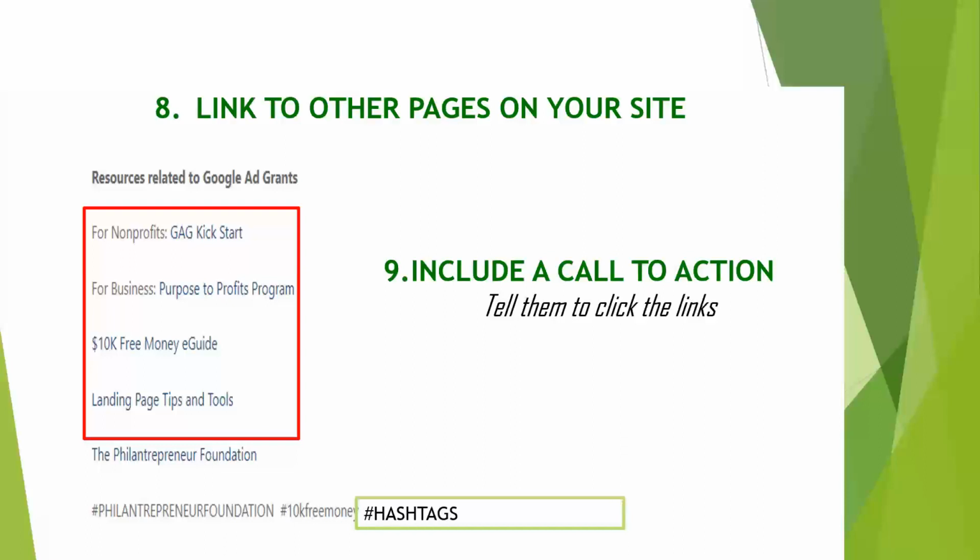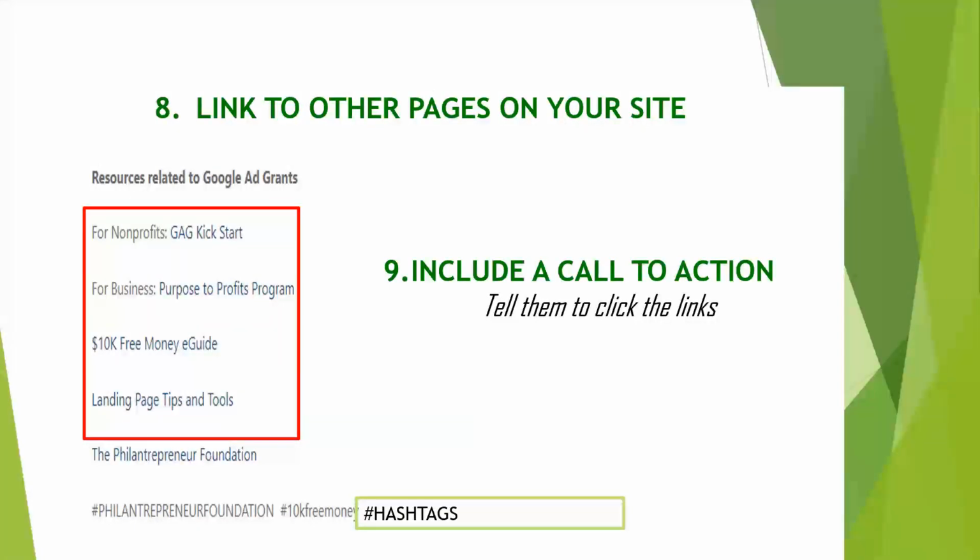That is, link back to different programs. We have a lot of programs going on the Philanthropreneurs Foundation's website. And so I was able to link back to 4 different pages within our website that related to everything I was talking about in those particular blogs. The nonprofits, GAG Kickstart, that's a Google Ad Grant Kickstart program that we can help nonprofits get their ad grant and get it going.